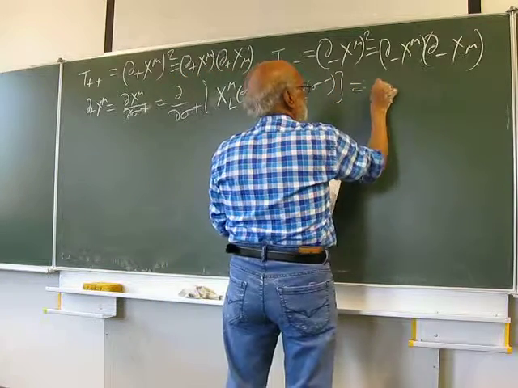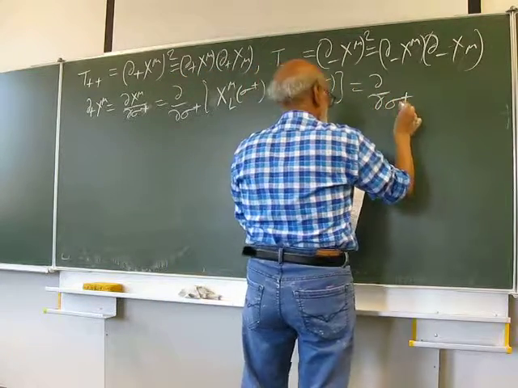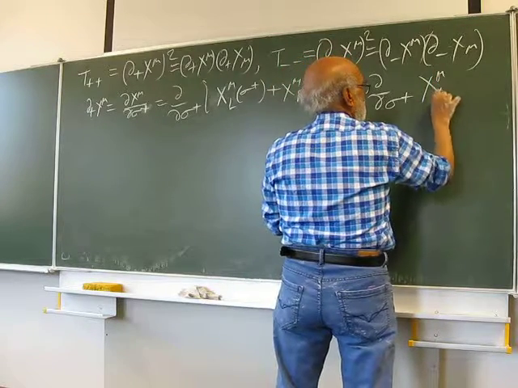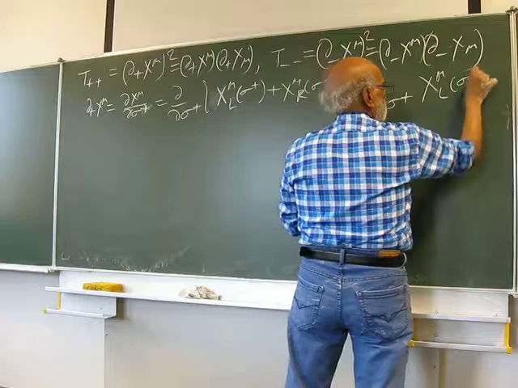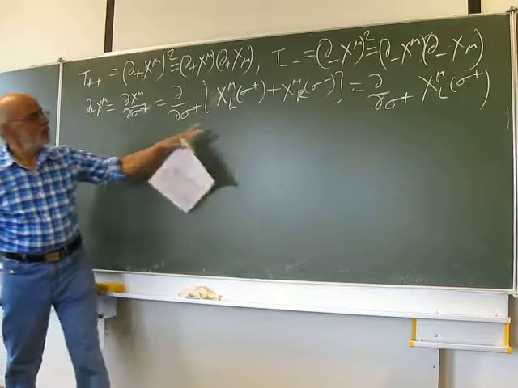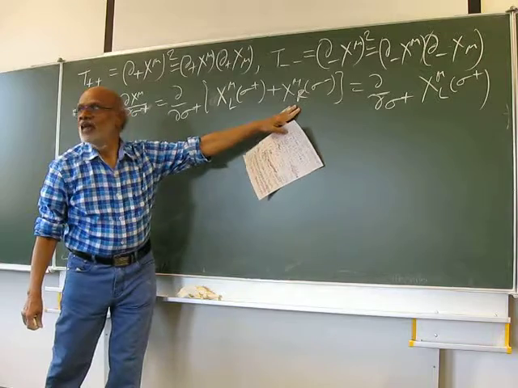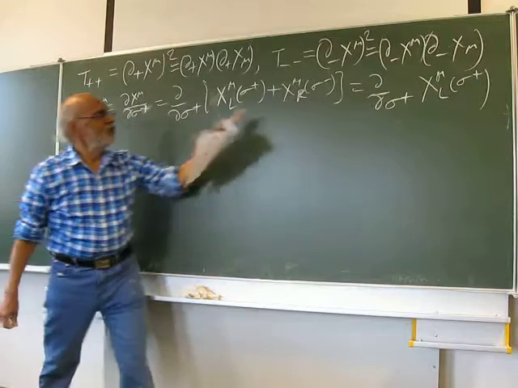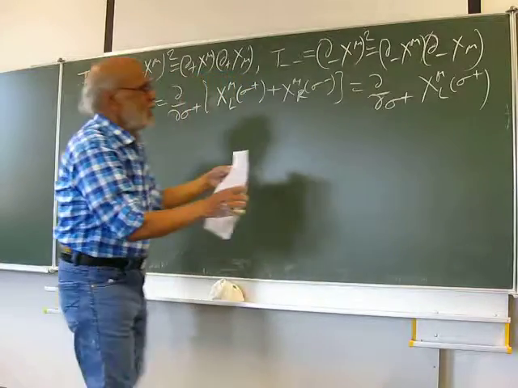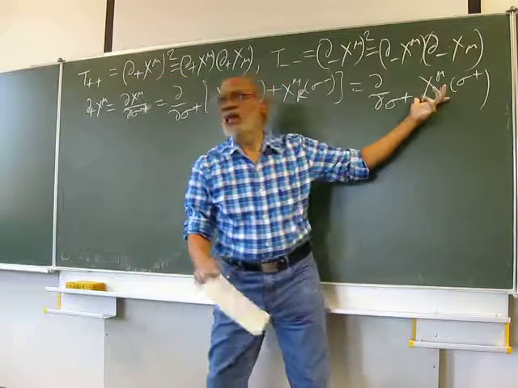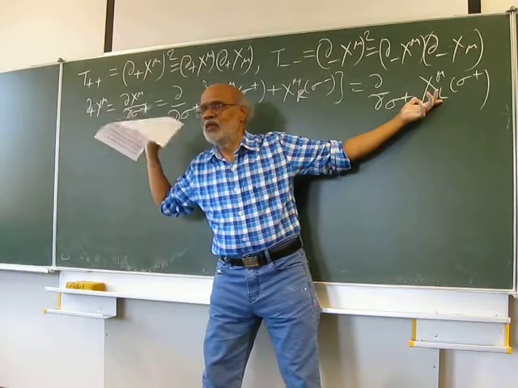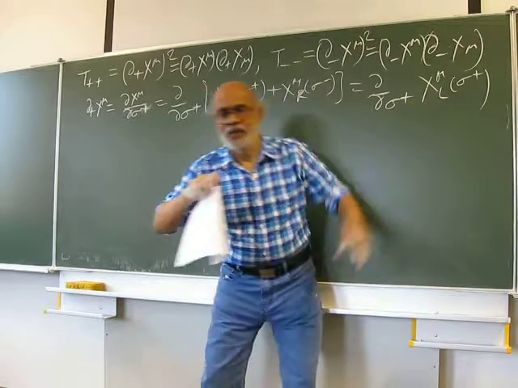This is del over del sigma plus of x mu L, which is a function of sigma plus. The other guy gives me 0. When I take the partial derivative of x mu with respect to this variable, this gives me 0, but this term survives. And I know the Fourier expansion for x mu L, that is what we already wrote down there.